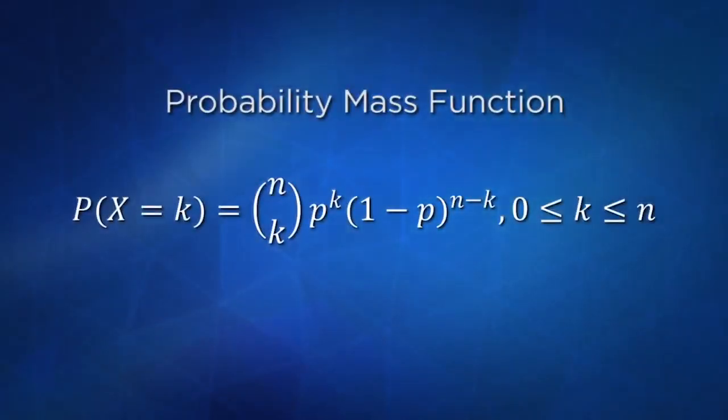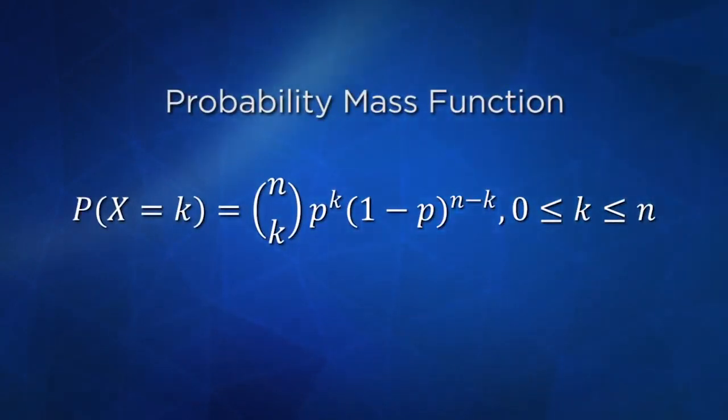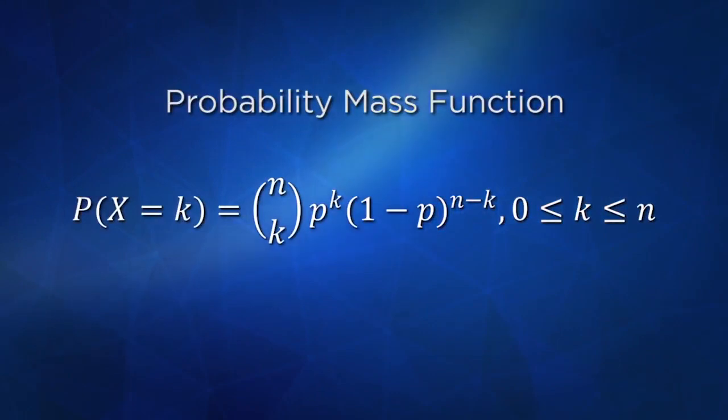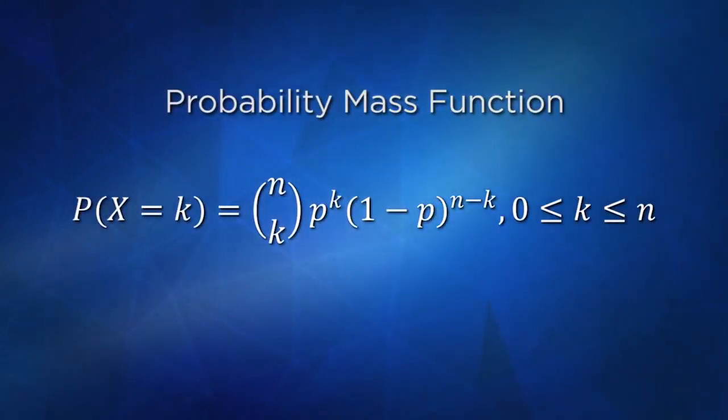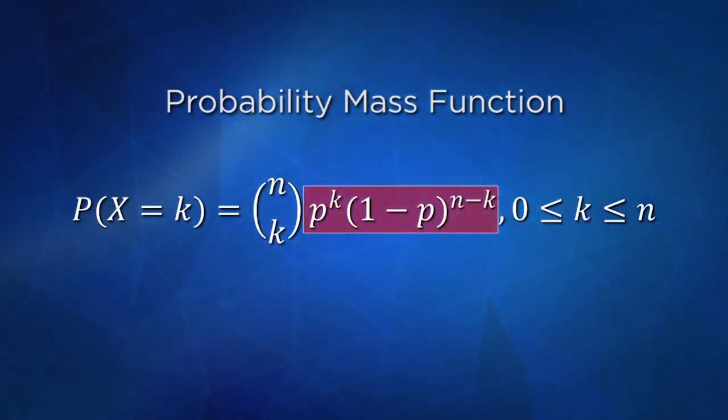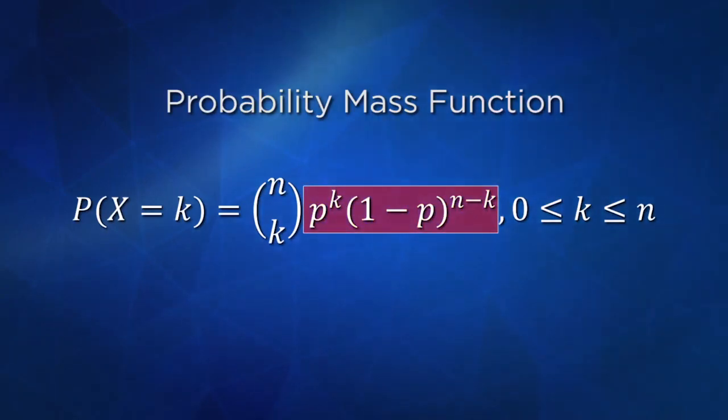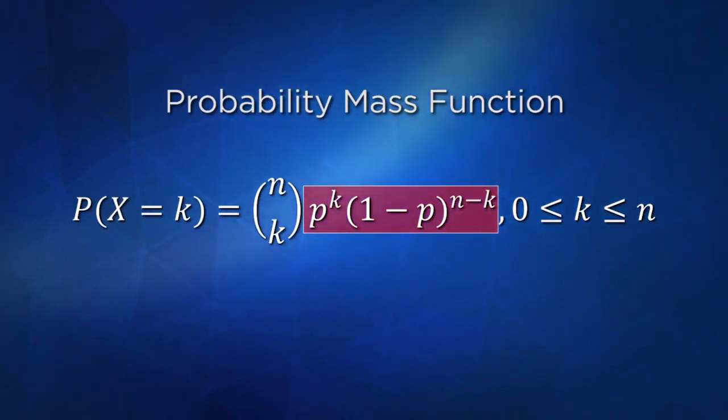Now, the probability mass function of a binomial random variable can be written as follows. This is the probability that x equals some value k. Now, how do we solve this? First, let me draw your attention to p to the k times 1 minus p to the n minus k, because this is a little bit more intuitive.